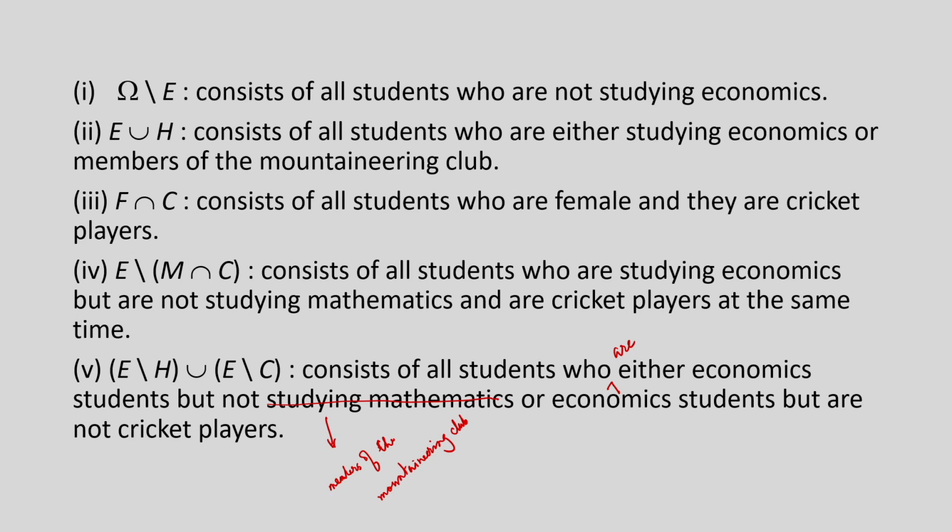This is what should be the correct answer: it consists of all students who are either economics students but not members of the mountaineering club, or economics students but are not cricket players.